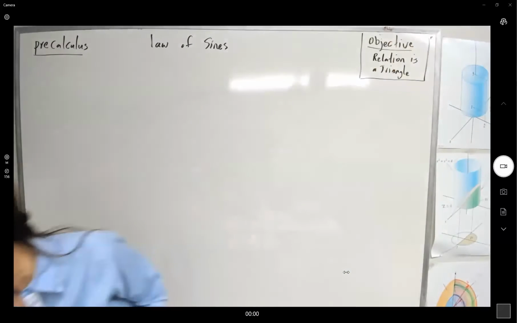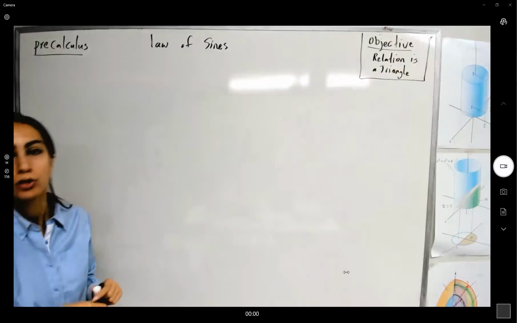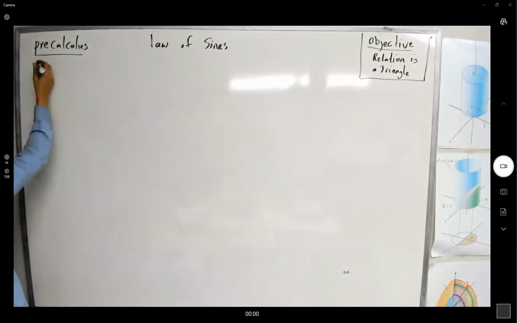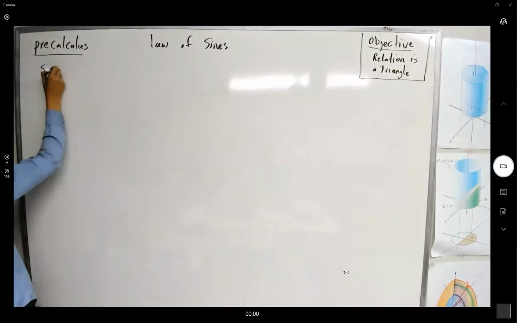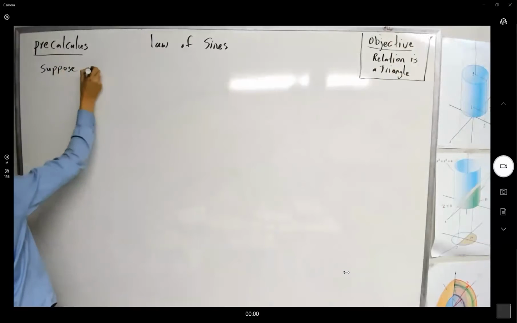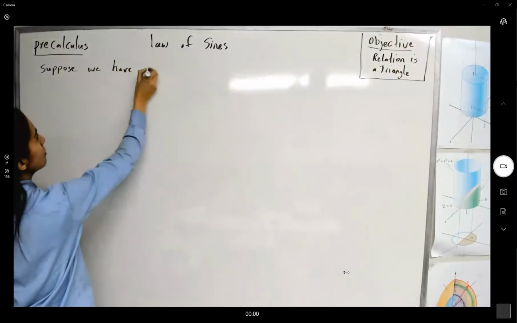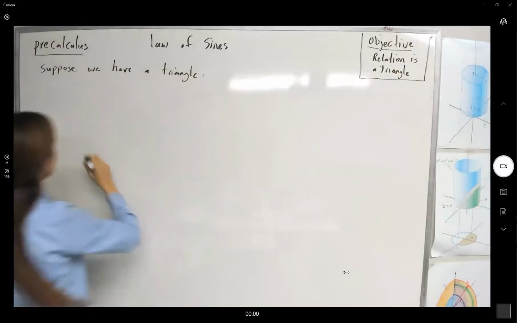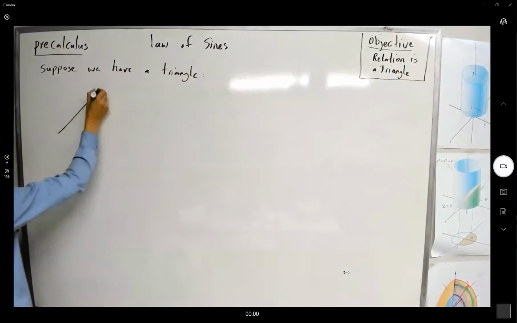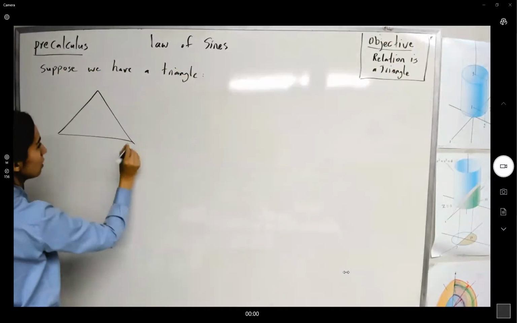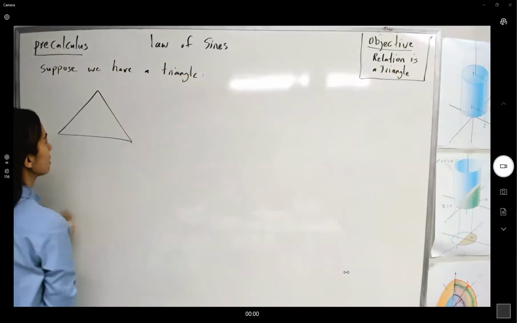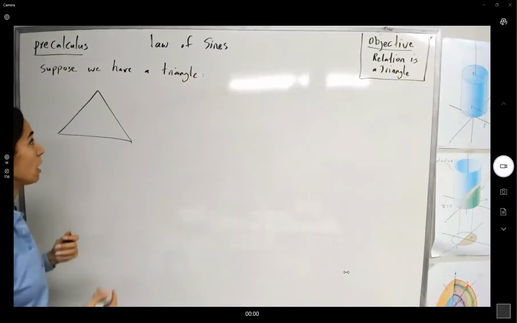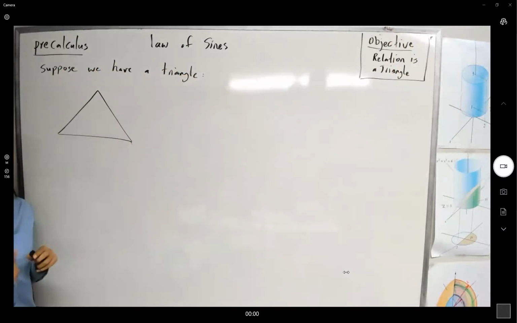There you go. This law says, suppose you have a triangle. Okay, we have a triangle. As we know, this triangle has different sides and different angles.